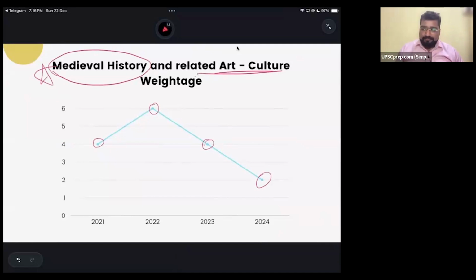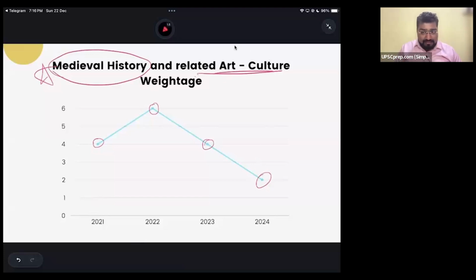Now, let me tell you, you people are aware with respect to the current affairs, what is happening over there, right? You must also be aware with respect to the policies of the current government, right? Is it right to say that the current government policies are a little bit inclined toward cultural development? Government has come up with a large number of schemes and certain initiatives to boost India's cultural heritage, right?